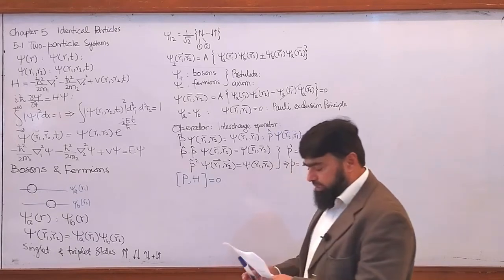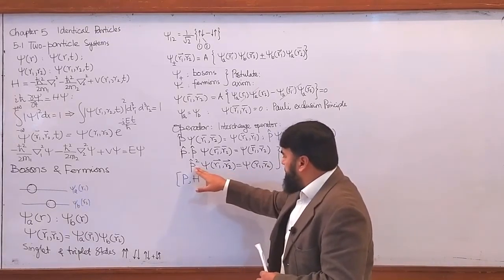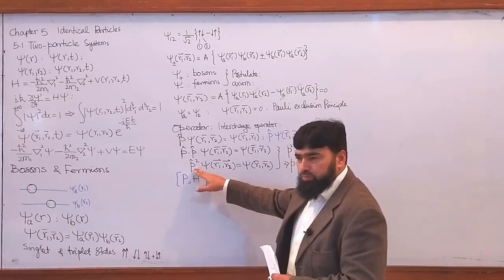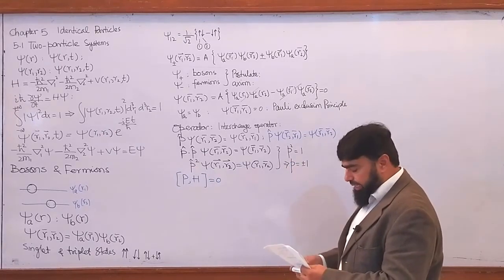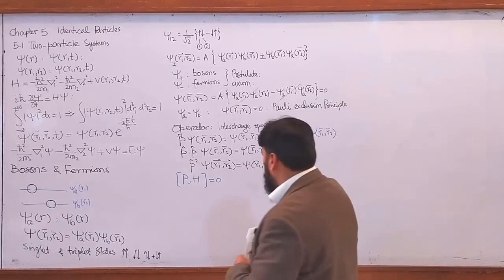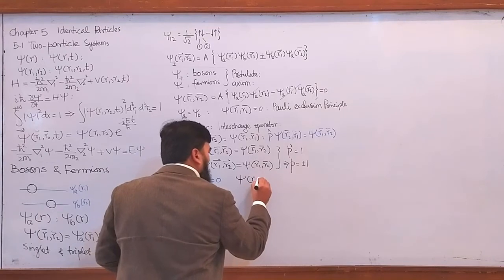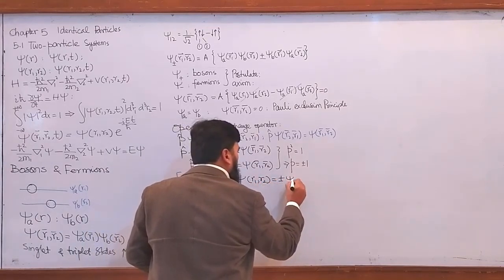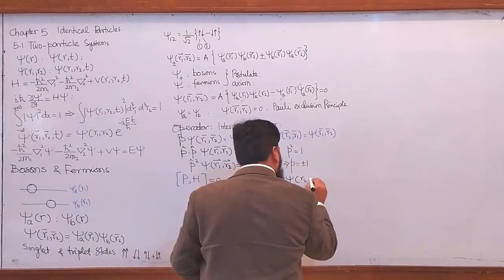So I can easily say that if P squared is 1, then P is plus or minus 1, so I can write from this equation that psi(r1, r2) is equal to plus or minus psi(r2, r1).